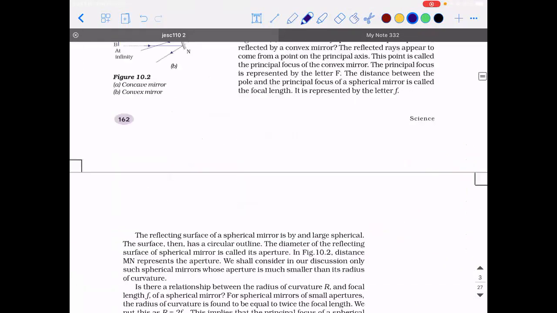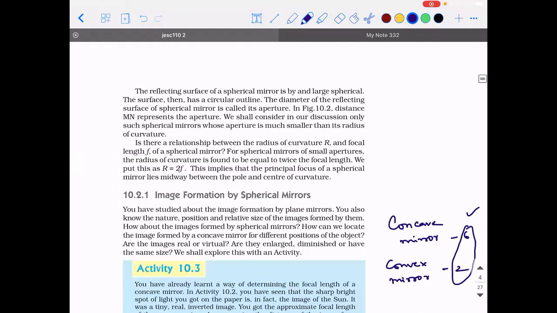Okay, so before that, I want you all to make an important point. Without proof, see, actually there is a proof for this which you learn in your 12th standard, but for 10th it is not needed.